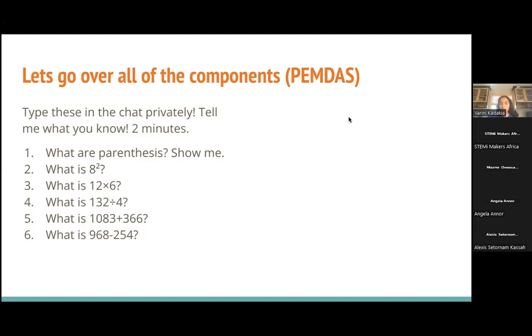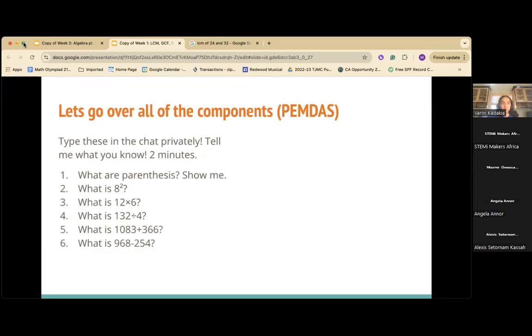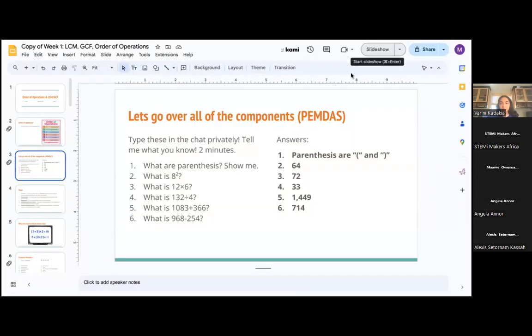Okay, I'll go over the solutions now. So, here are the solutions.